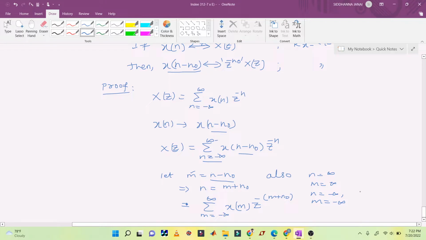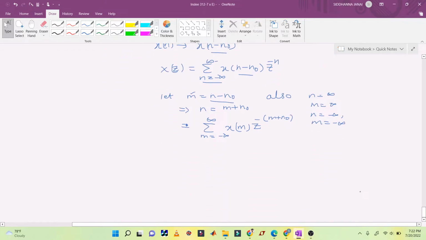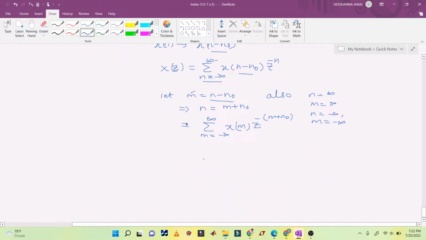Okay. Now the summation from m equal to minus infinity to plus infinity of x[m] z to the power minus m multiplied by z to the power minus n naught. So here the summation of x[m] z to the power minus m, this one is independent, correct?